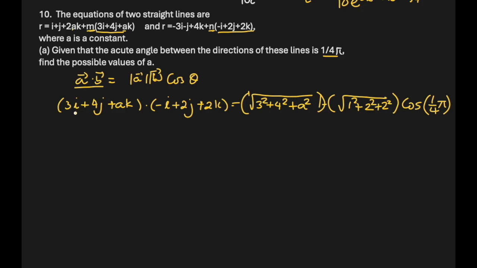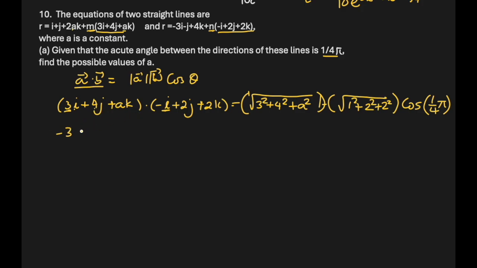Okay. So now if you want to find the dot product of them, the i will multiply with i, so minus coefficients only, okay, minus 3, and because i dot i is 1, so no need to look at it.